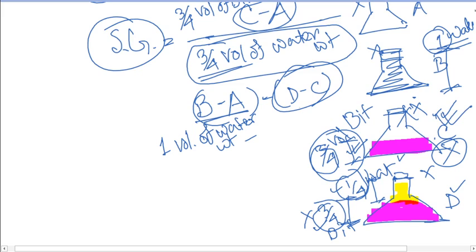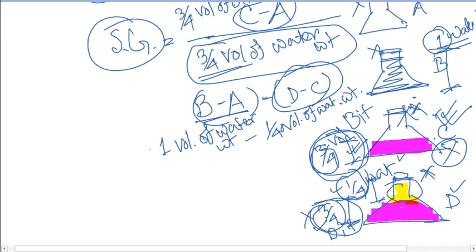Focus on this: D includes the picnometer, which cancels out with C. The 3/4 volume of bitumen in both also cancels out. Only the remaining yellow portion, 1/4 of water, is left. So D minus C gives 1/4 volume of water weight.